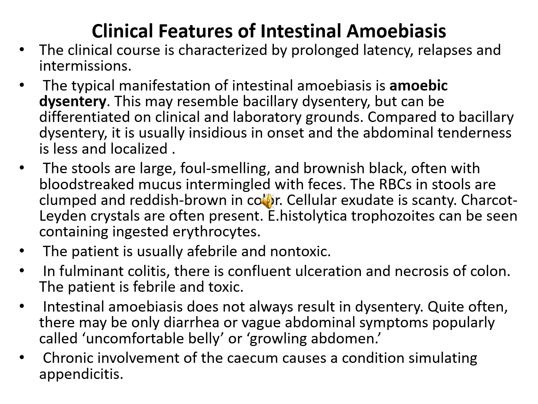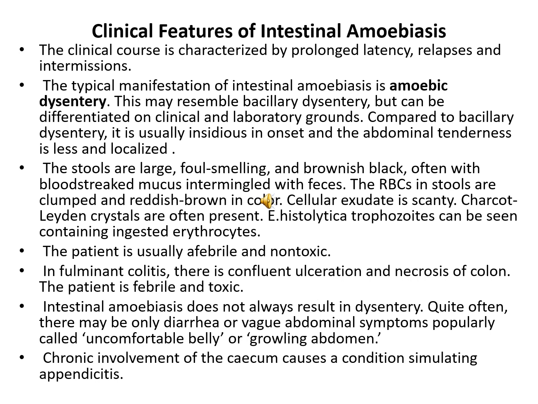The next feature is that the patient is usually afebrile and non-toxic, but in fulminant colitis, which has multiple ulcers in the colon, the patient will be febrile and toxic. Moving to the symptoms, intestinal amoebiasis does not always cause dysentery.